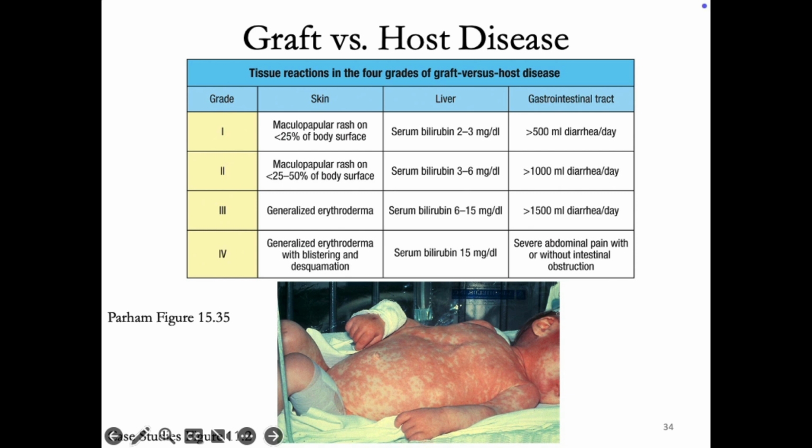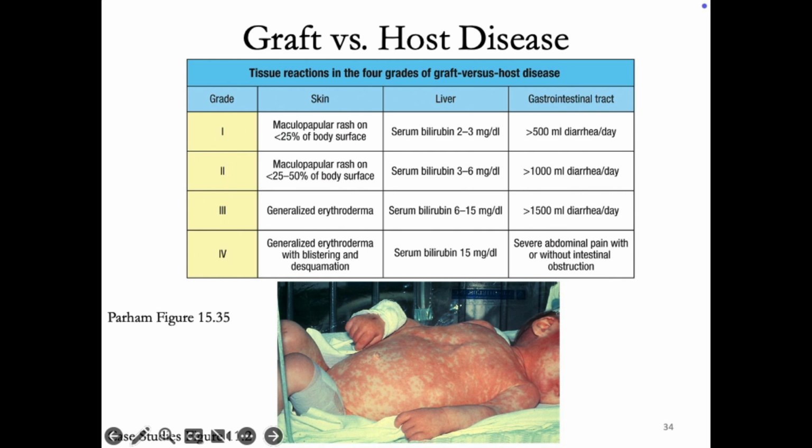There are different severity grades, but you can see that those severity grades can involve different amounts of your body surface being covered with a rash, different amounts of liver destruction with liver proteins being made, and different amounts of GI destruction.